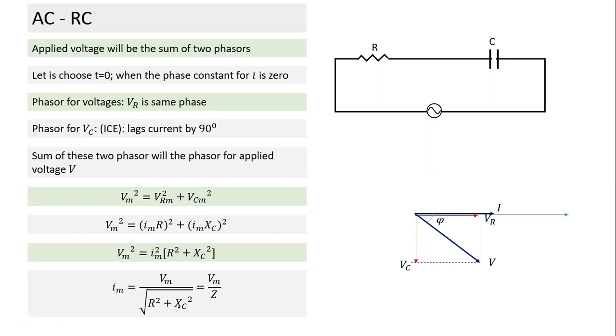There, it was XL, and the rest was all the same. The other difference was that VL was up because the voltage was leading. I have found the amplitude of current. The amplitude of current is equal to the amplitude of voltage divided by impedance. How do we find impedance? Impedance is equal to the square root of R square plus XC square.